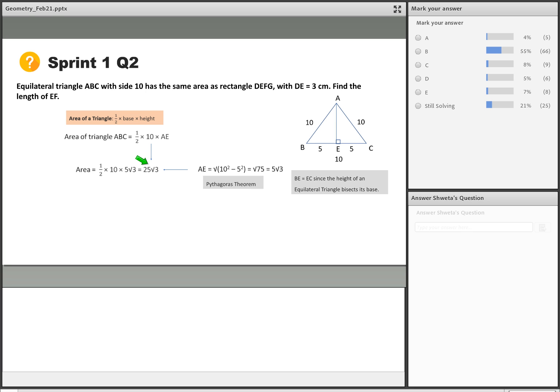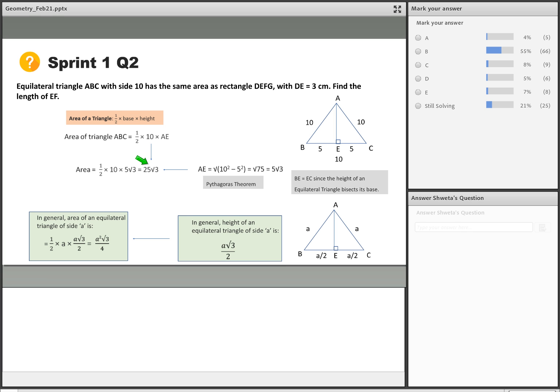Now with this here, it is 25 root 3, but I wanted to, before moving on, tell you that there are set formulas also for when you work with equilateral triangles. It's really helpful. You will not have to do all of this work. So if it's an equilateral triangle of side a, just like this, even now the bisecting the base and all those properties work, the Pythagoras theorem works, but it's a straight formula after these two steps that you can apply to get the height as root 3 by 2 a.